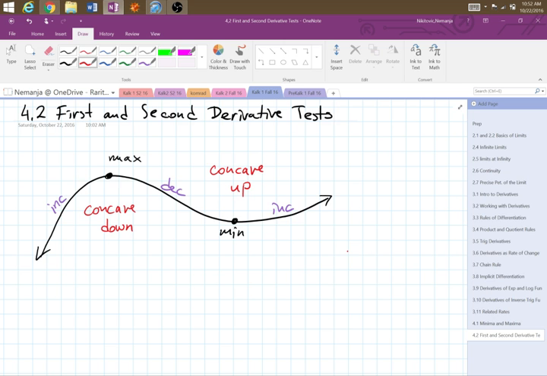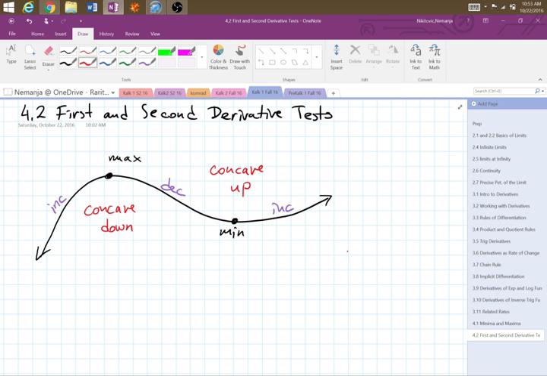So this particular section focuses on all of these concepts that you see there. First derivative test will pick up increase, decrease, min and max, and the second derivative will pick up concavity and also min and max, because min and max can be determined from both first and the second derivative test. So we don't have to mess with that calculation that I had at one point where we move a little bit and then compute.